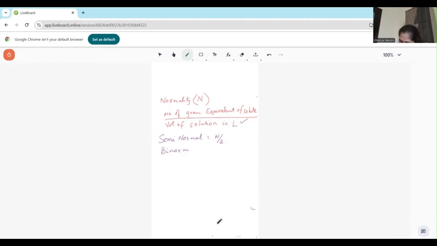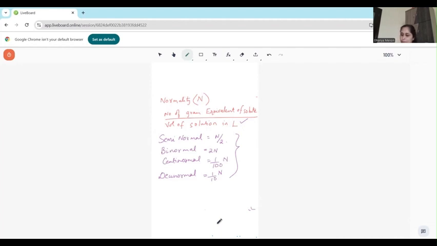Then you have centinormal, which is equal to 1 by 100 N. And also we did decinormal, which is equal to 1 by 10 N. Sometimes instead of telling you the normality, they might give a hint like this: 100 ml of a semi-normal solution. So that's why you have to remember these terms. Based on this, we will do a question.